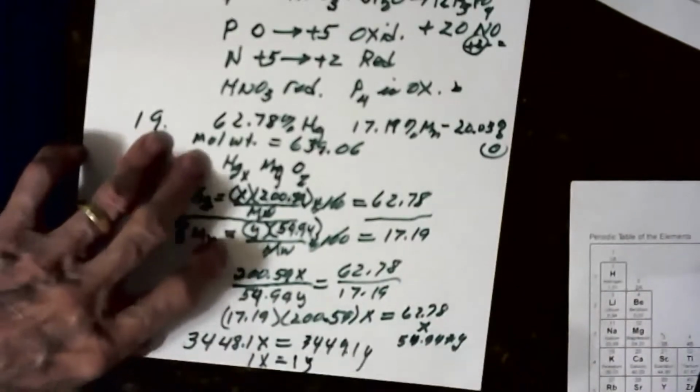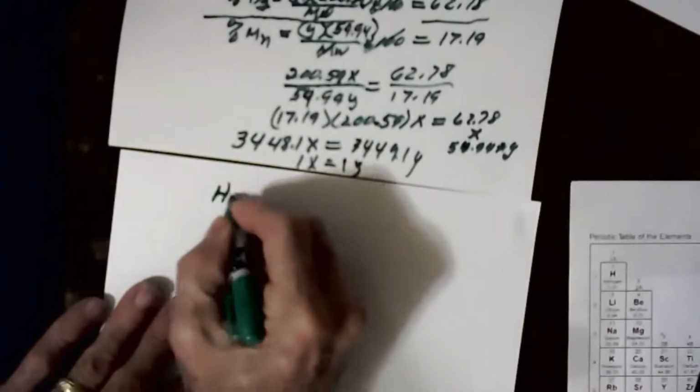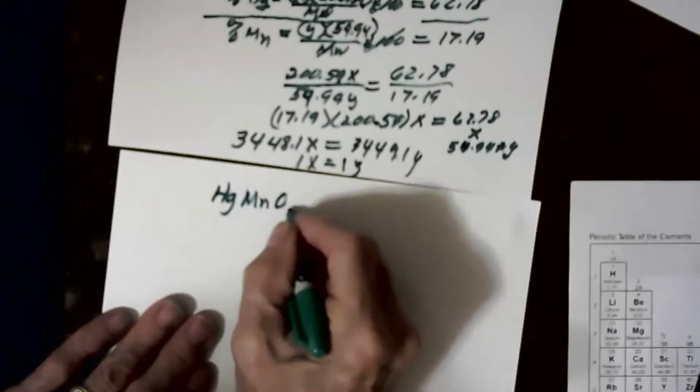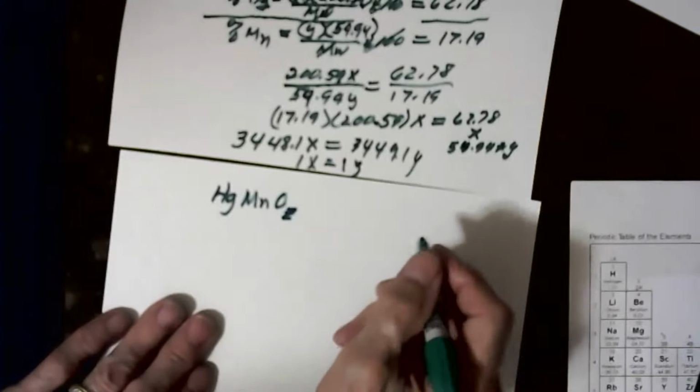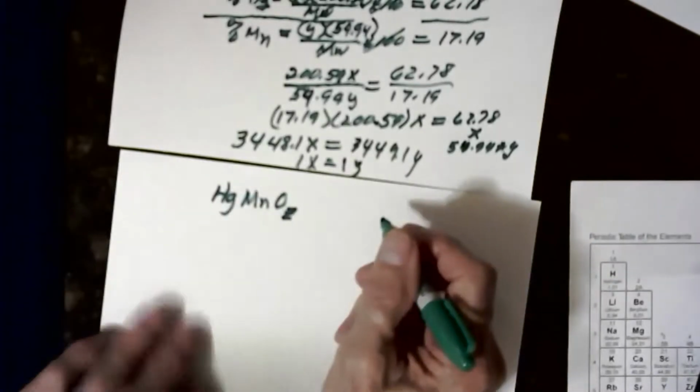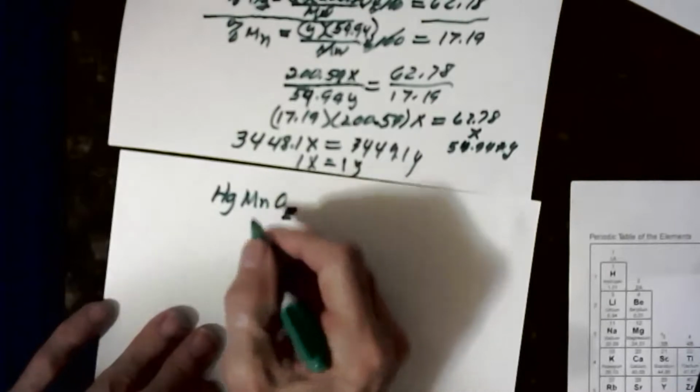Okay, so now I've got two parts of the formula. The compound is HgMnOz, and I don't know what the Z is. So I've got to solve for the number of oxygens in the formula of the compound.